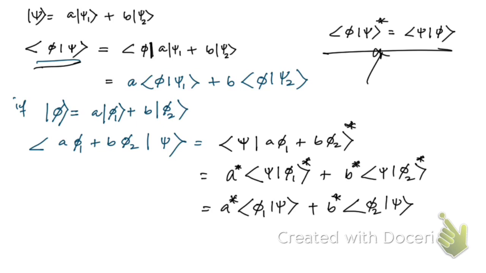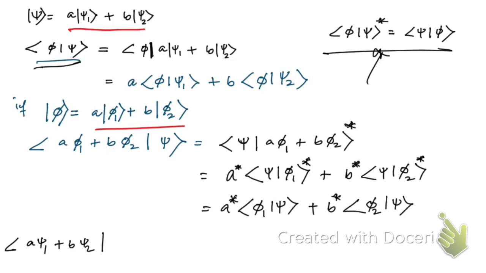Now what if we take the scalar product of this one and this one, right? Then how to write that? Suppose, instead of phi, let me write a psi 1 plus b psi 2, as we have already taken a and b here, with psi 1 and psi 2.